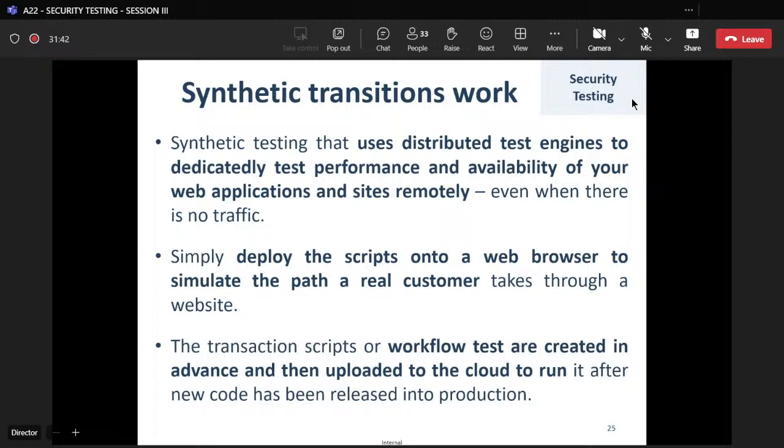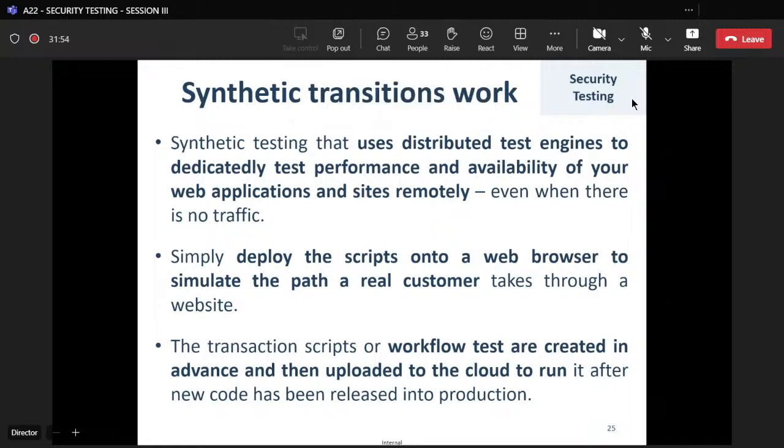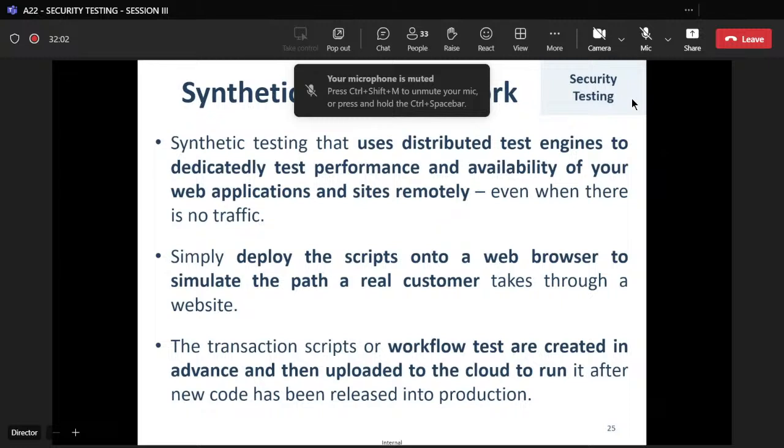Sometimes there will be no traffic, or sometimes the traffic will be at peak, right? Sometimes you'll have a moderate kind of traffic that will hit your web servers. So simply deploying the scripts onto a web browser helps you simulate a path which a real customer takes in making use of your service.